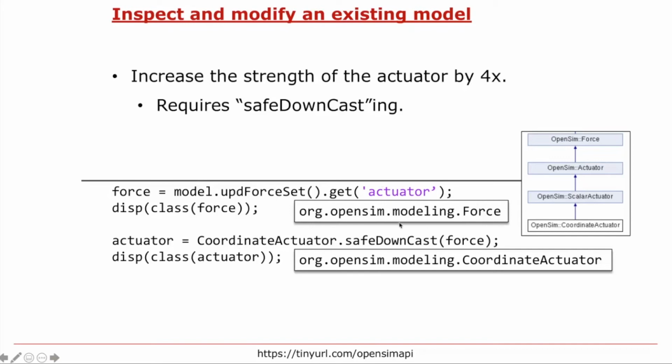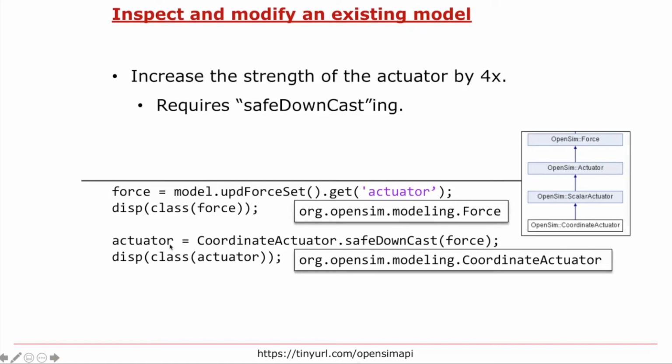So this function does some internal tricks to take this force object and convert it into an object whose type is coordinate actuator. And it could be that you were wrong. Maybe in this case, force is a coordinate actuator, but maybe you tried to safe downcast the force into a point actuator, maybe using PointActuator.safeDownCast. In that case, this function call would return null.